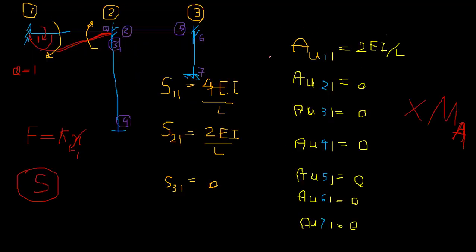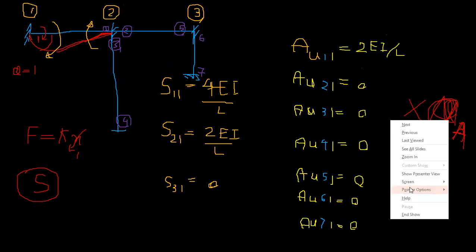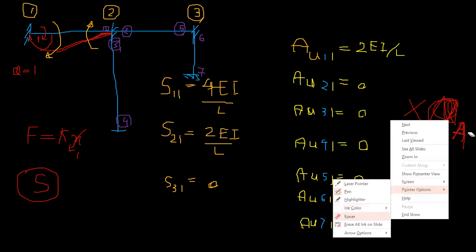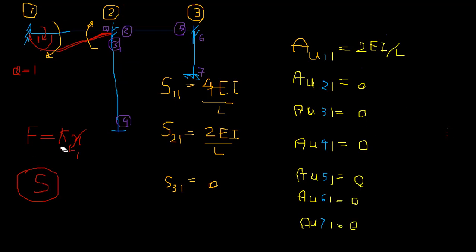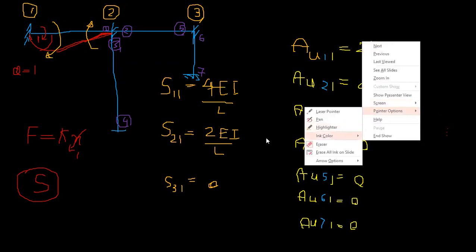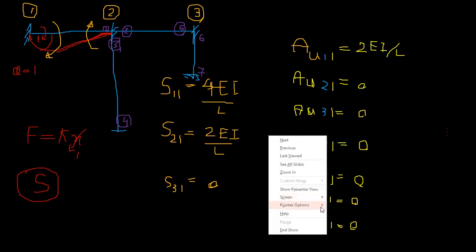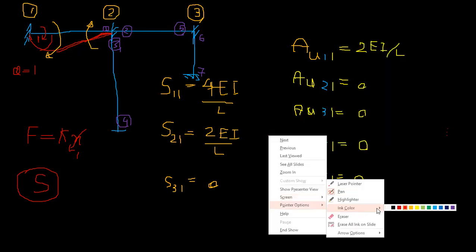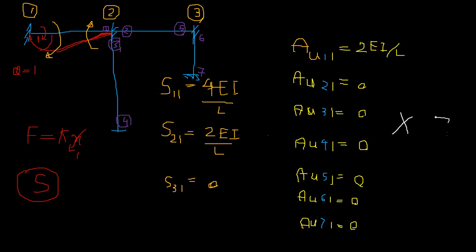So these are forces per a unit displacement, right? So that means these things should be multiplied by the original displacement, right? So what is the original displacement at A? It is theta A, right?